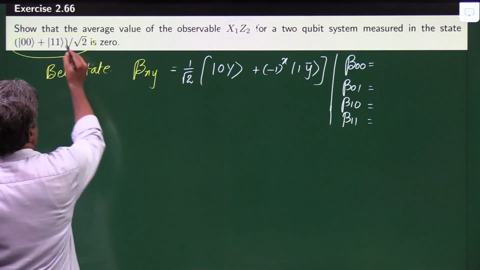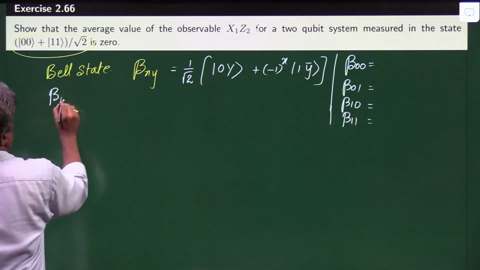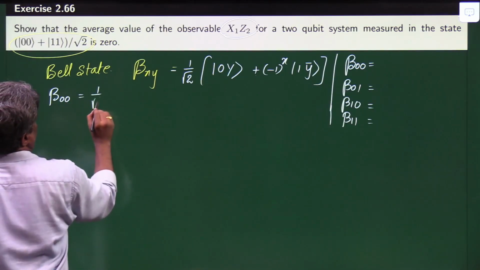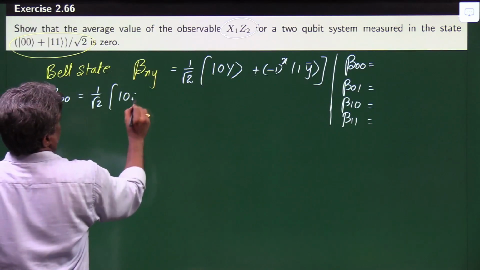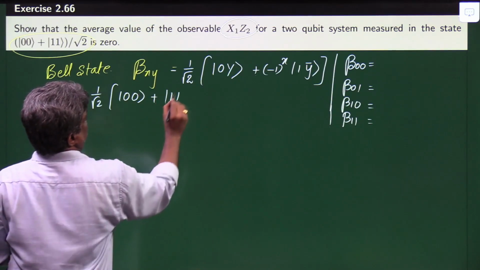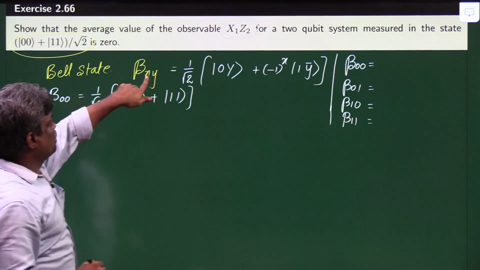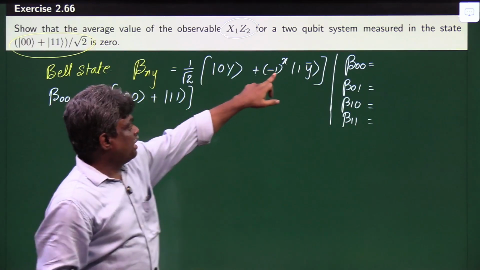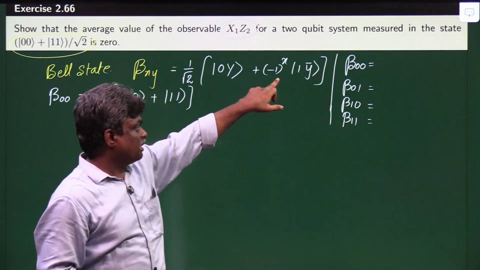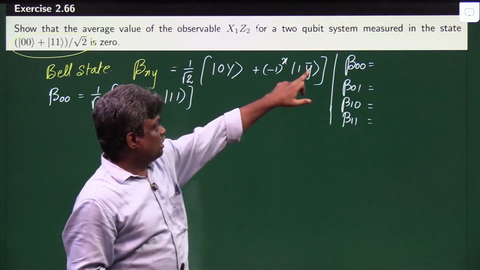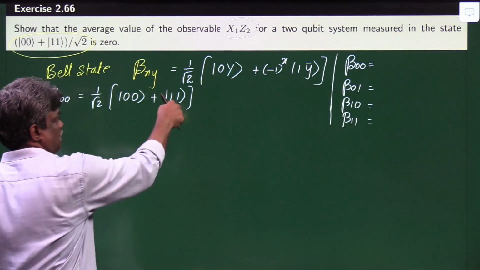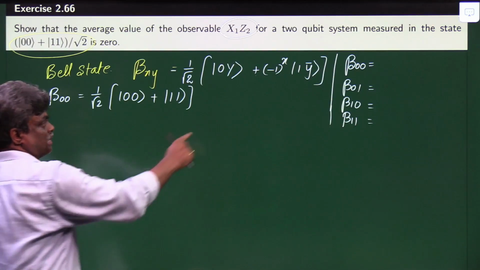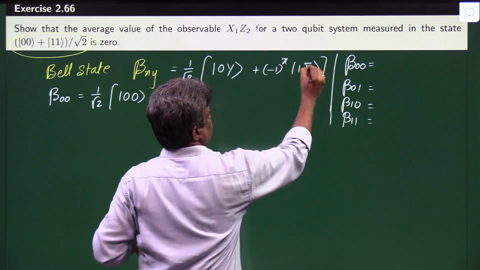The given Bell state is beta 0 0, 1 over root 2 times ket 0 0 plus ket 1 1, because if you put x equal to 0 and y equal to 0, this is 0 0, and here you will get plus 1 only, and this is 1 and 0 bar, which is nothing but 1, the complement.